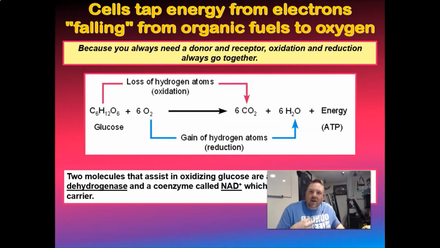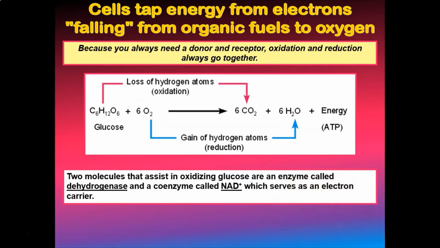Anytime you have a fire going, if you put a lid over a candle, it'll go out, because flames need oxygen. So for you to burn your food, you're going to need oxygen. That oxygen is going to get reduced. And remember what reduction means. This is when you gain electrons, and look at that, you become water. The whole point of this is to get energy, in our case in the form of ATP, but of course we lose a ton as heat as well.